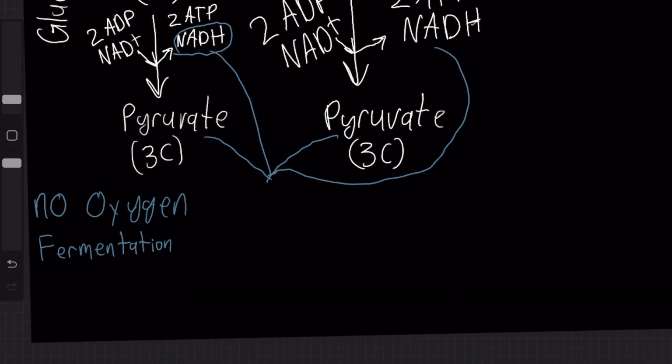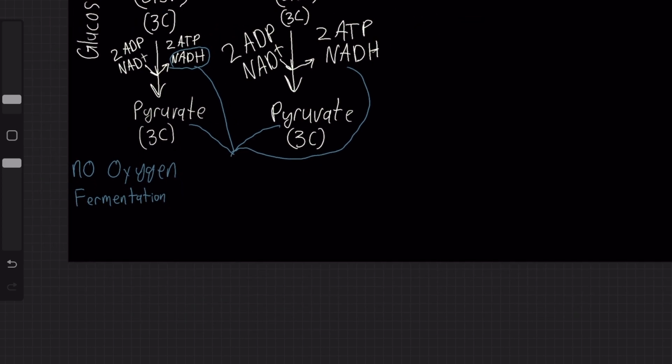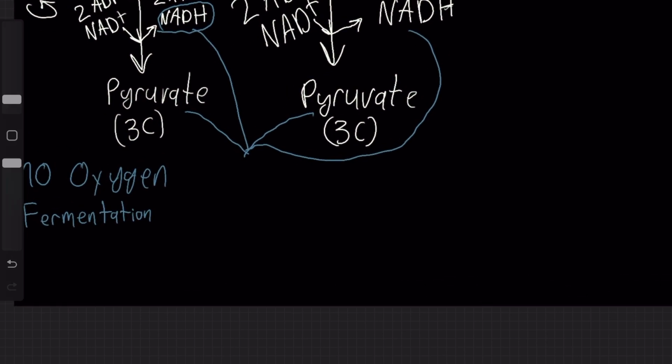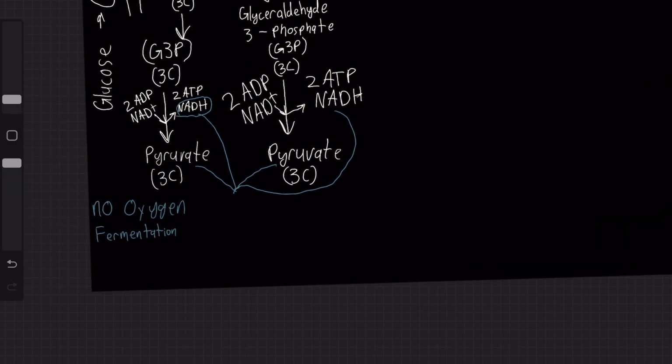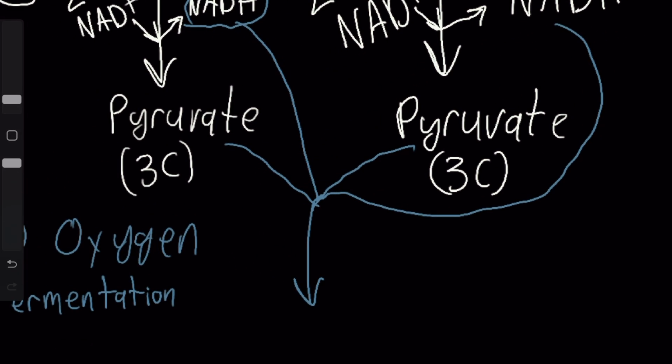And the whole thing is the NADH needs to be turned into an NAD plus, or else we won't have enough empty trucks to keep storing. And we also need to get rid of pyruvate, because if pyruvate is not gone, then it will back up the system and it will break down. So what we do is we ferment. The NADH will reduce, and the word reduce means gives an electron to pyruvate.